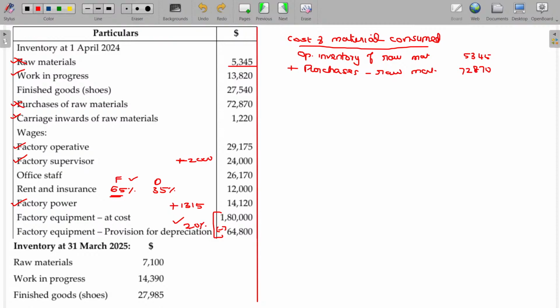If there is any carriage in, that should also be added as part of it. Carriage inwards, for raw material, not for the finished goods. And the total value being 79,435, minus closing inventory.